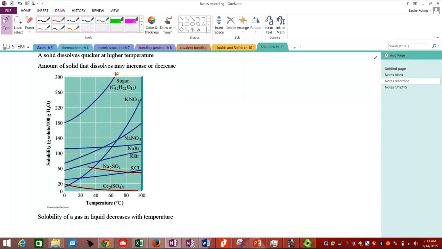Now, if you look at this line for KCl, see how it is almost flat. It's not on this graph, which I'm kind of surprised, but sodium chloride, which is something that you are very familiar with, is also almost flat.